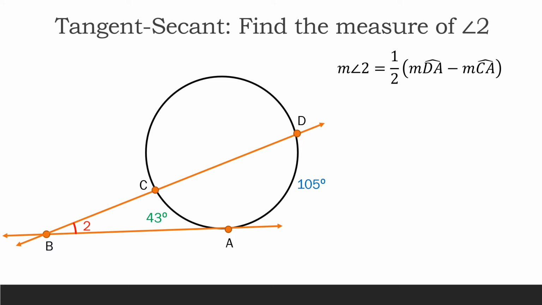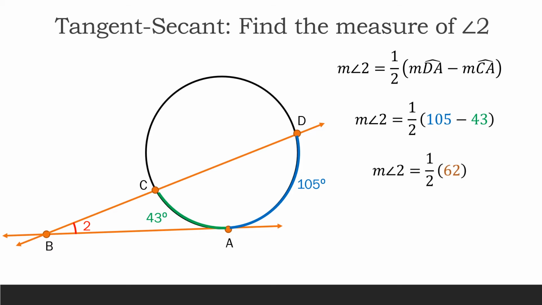By the major arc, I just mean the bigger intercepted arc minus the smaller intercepted arc. So we're going to say DA minus CA, or 105 minus 43. 105 minus 43 is 62, and half of 62 is 31. So the measure of angle 2 is 31 degrees.